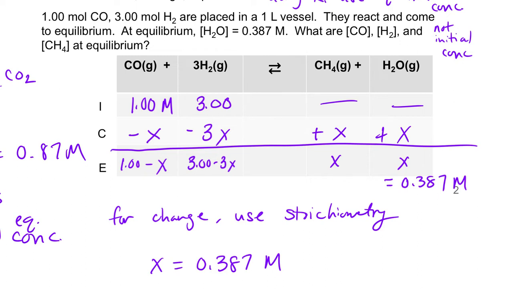Based on that, we can now solve for every other equilibrium concentration because we know that the concentration of CO is 1 minus X, H2 is 3 minus 3X, and CH4 concentration is X. So this is equal to our concentration of H2O. The concentration of methane, CH4, is 0.387 moles per liter.